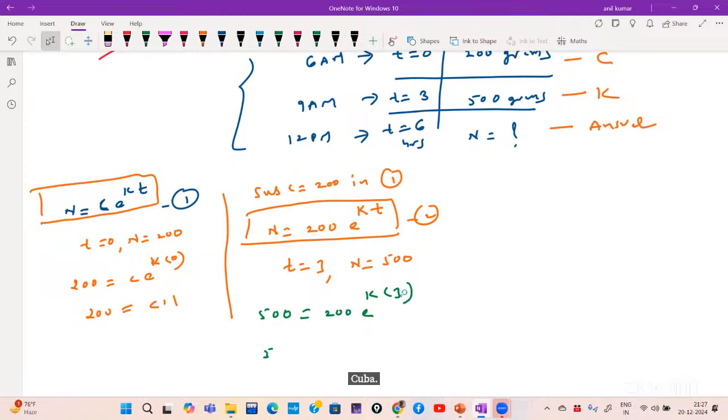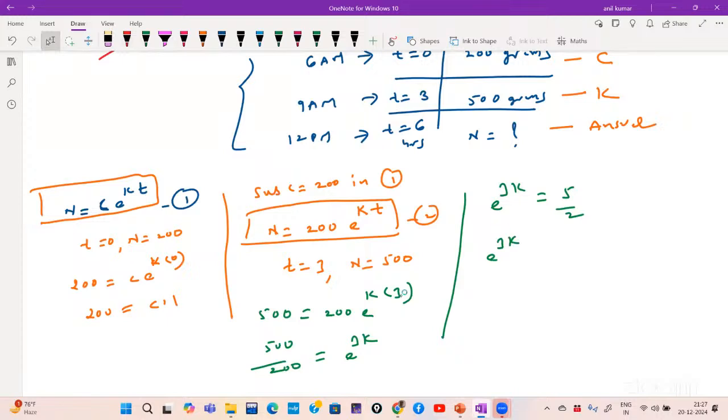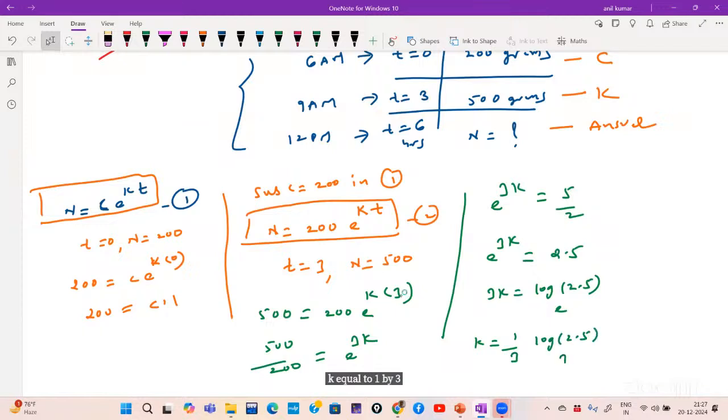Moving 500 to the left side, 500 by 200 equal to e power 3k. E power 3k equal to 5 by 2, which is 2.5. 3k equal to log 2.5 base e. K equal to 1 by 3 log 2.5 base e.